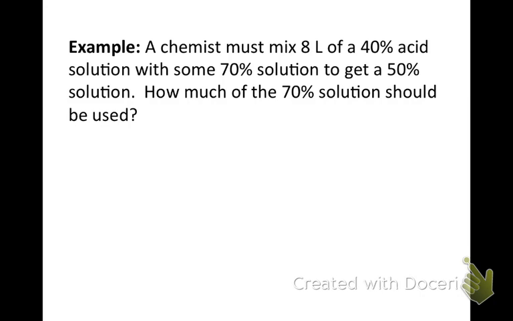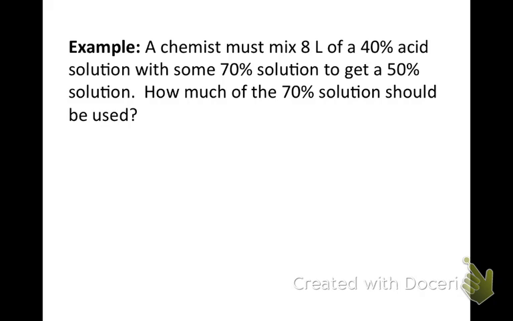All right, so let's envision what's happening. I'm a chemist. I have an 8-liter container, and inside of that, I have a 40% solution. Let me draw it out. So here we have 8 liters of 40%.